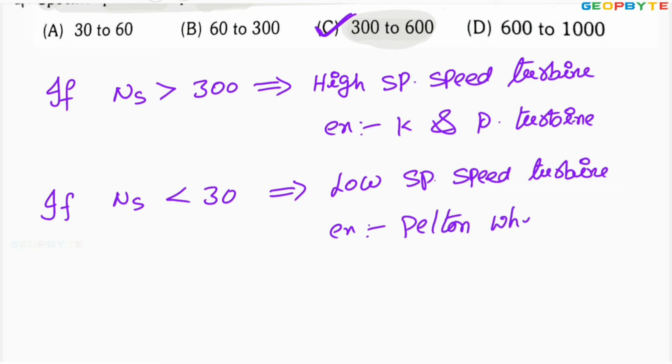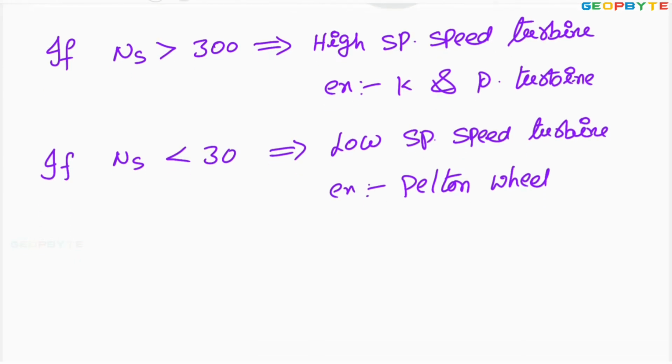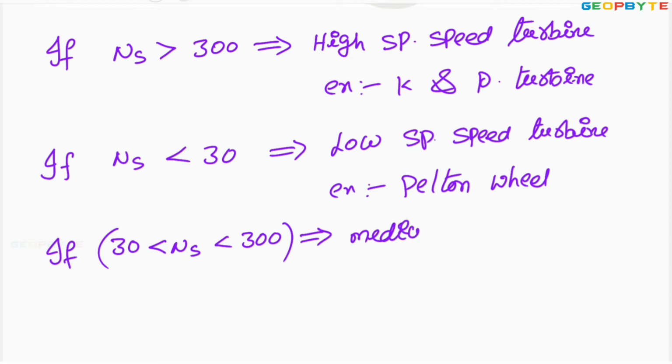If the specific speed is less than 300 but above 30, that is called medium specific speed turbine.